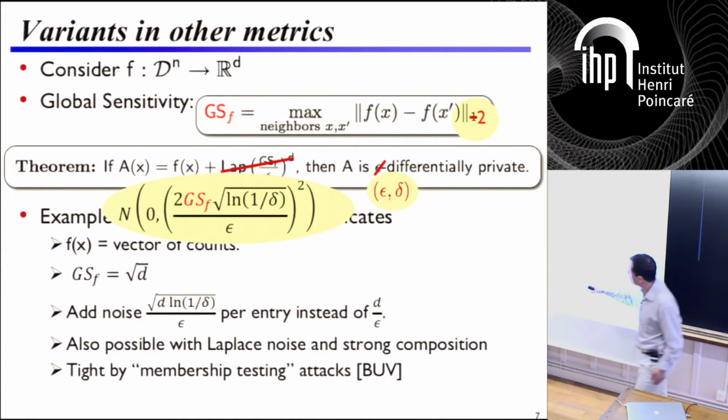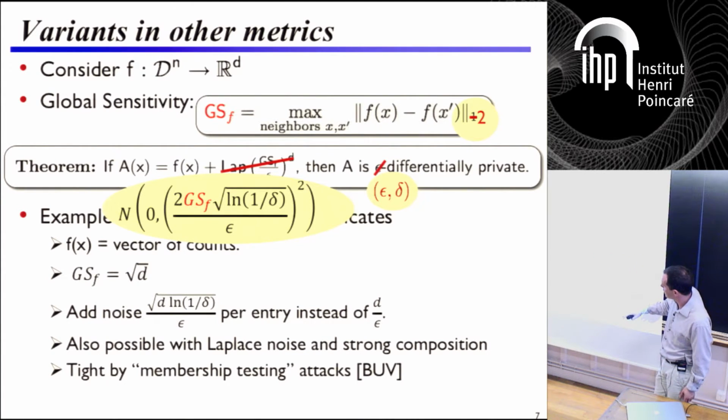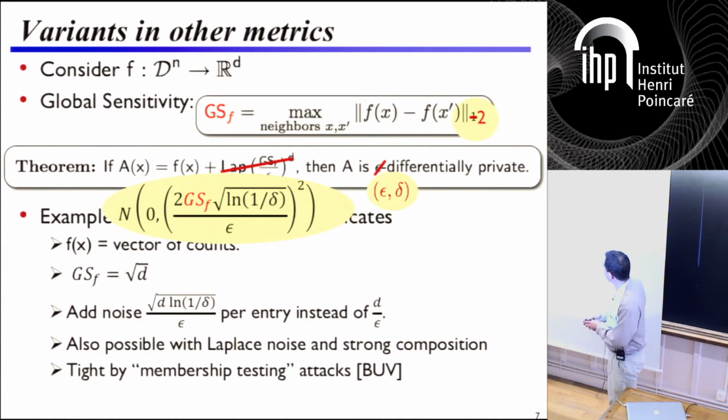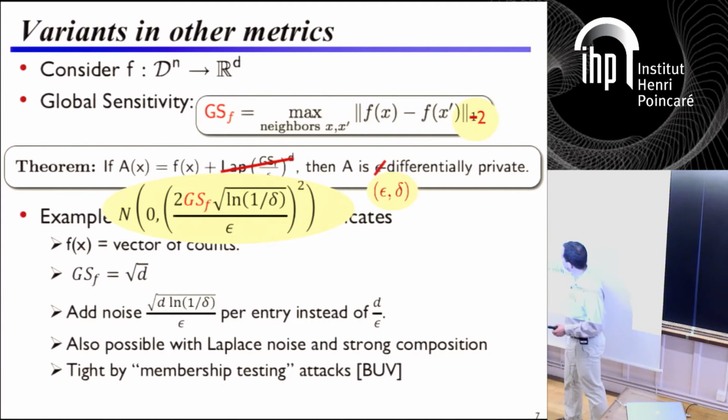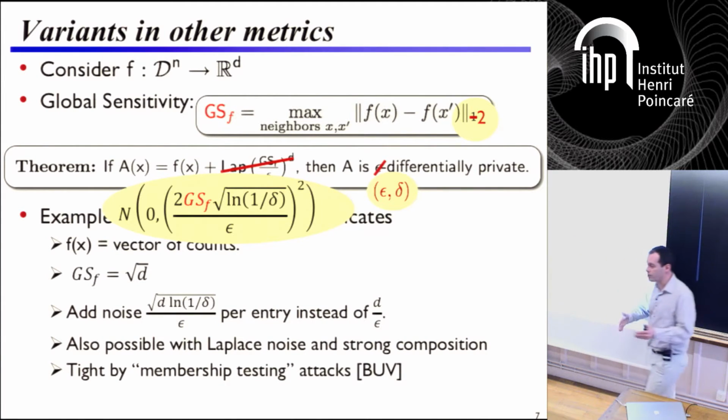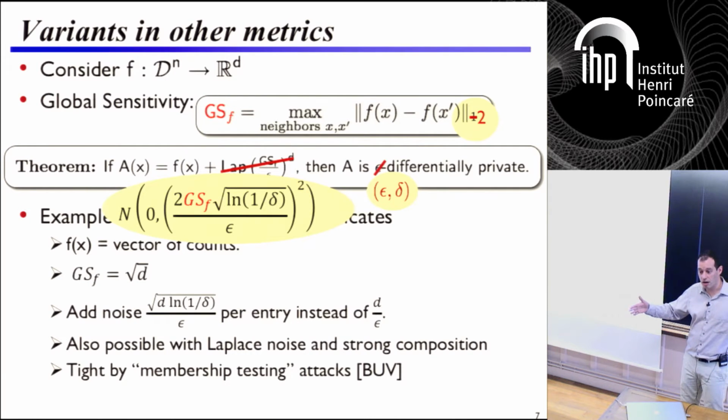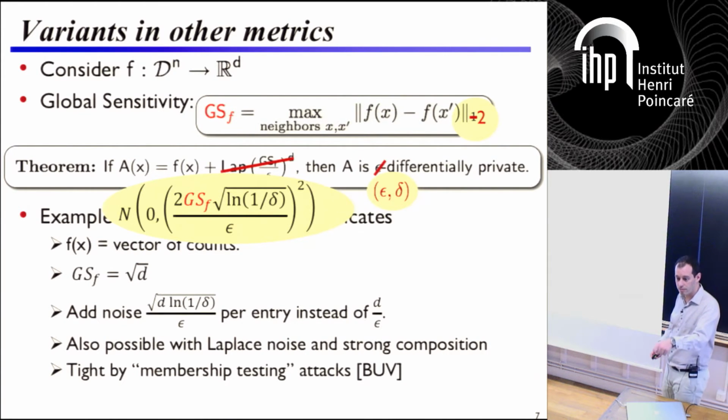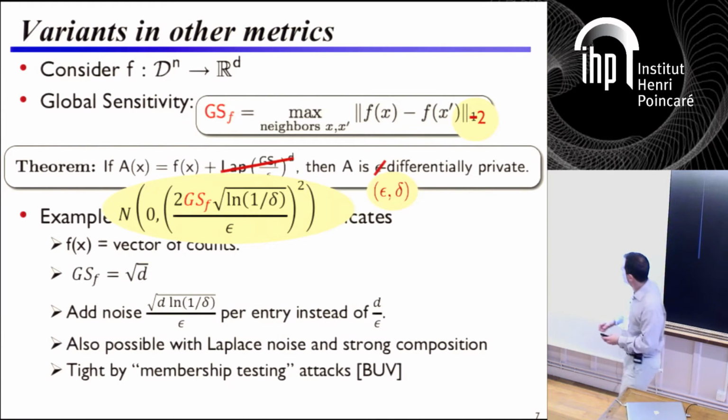Right. So in particular, we can add noise on the order of square root of d here. Sorry, I skipped a step. An example, which got covered by my animation, is imagine that I've got a sequence of queries that are like counting queries, where I'm asking how many people satisfy each of a given set of predicates. How many people are diabetic, how many people are religious, or whatever it is.